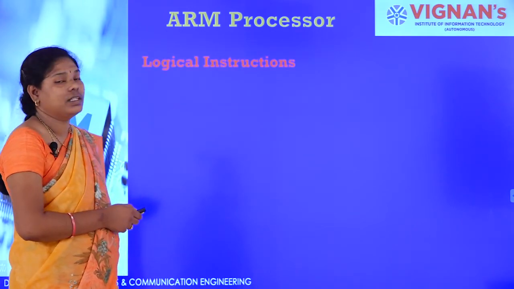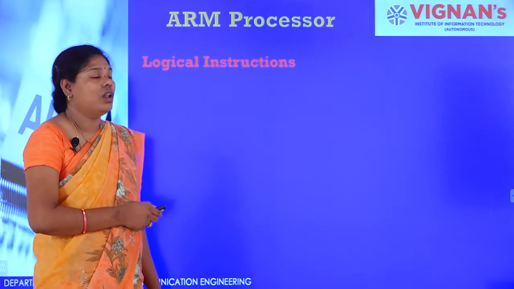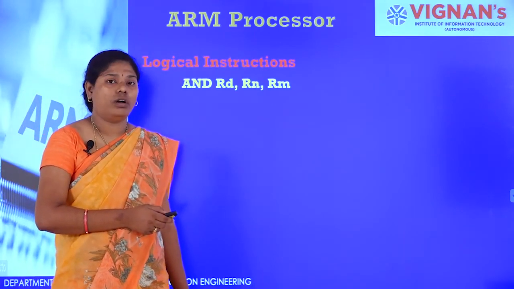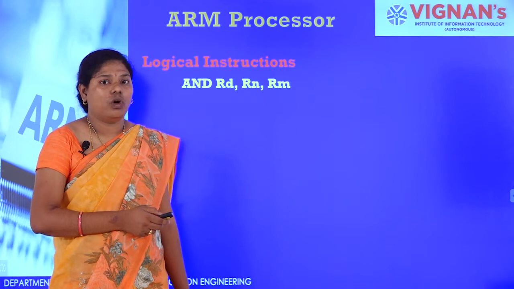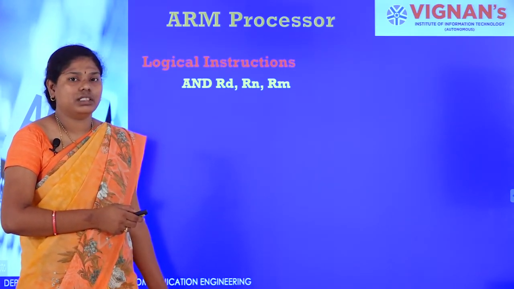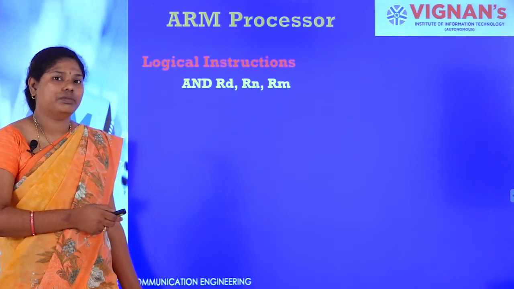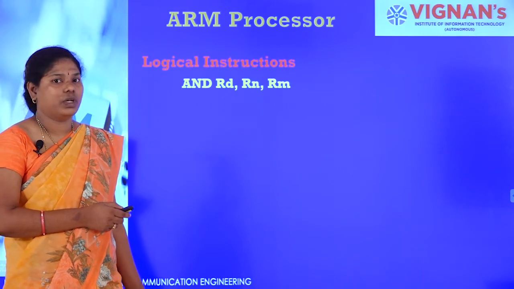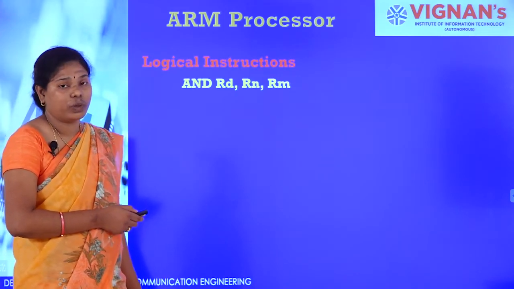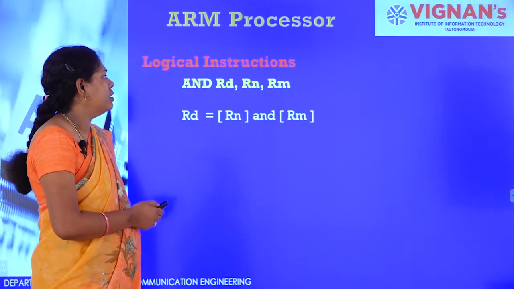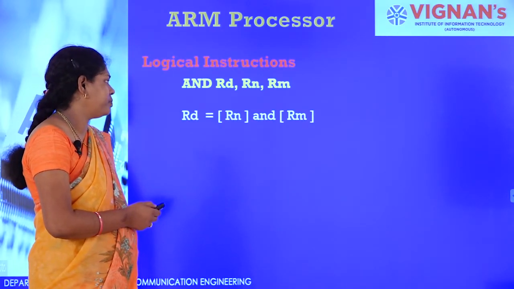The next one is logical instructions. For logical instructions we use AND, NOT, OR and exclusive OR instructions. Okay, the syntax is the same as for arithmetic instructions. The first one indicates the opcode, the next is the destination, the next is source 1 and the next is source 2: RD, Rn, Rm.